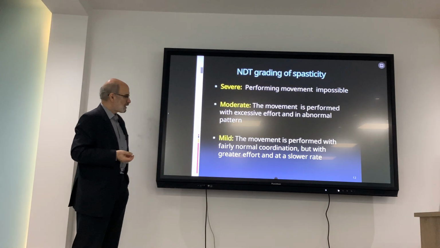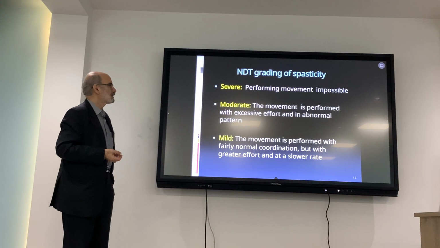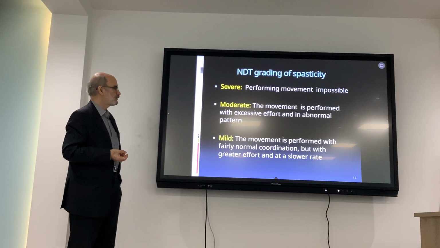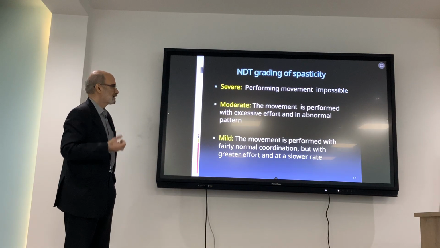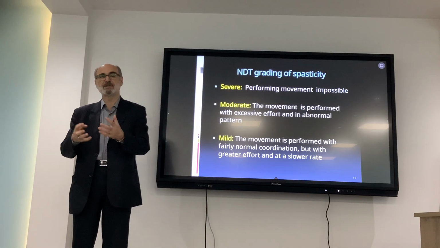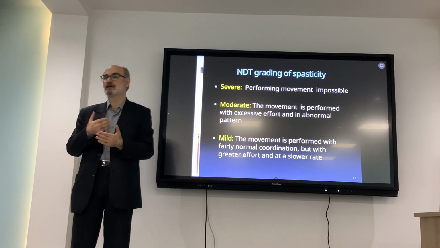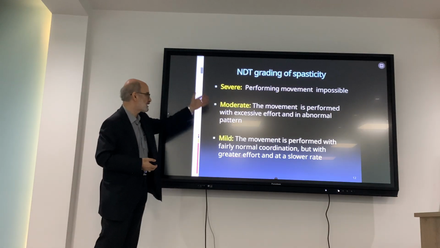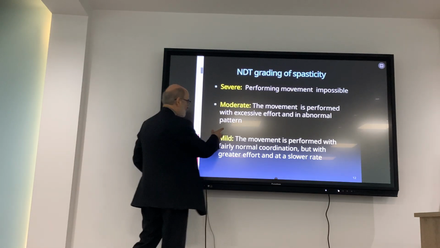Yesterday I described the grading provided by Bobath for her approach. If the patient suffers from spasticity, you need to assess the grade of the spasticity: severe, moderate, or mild.